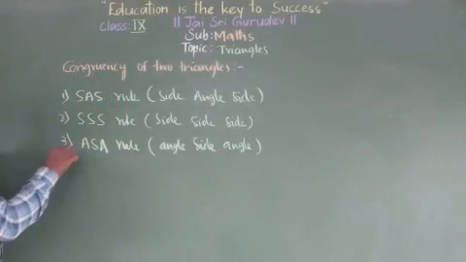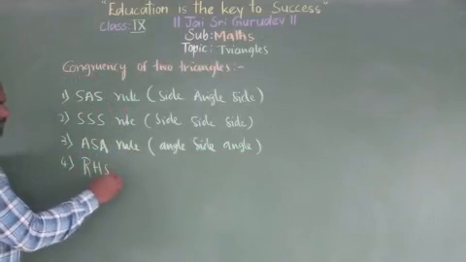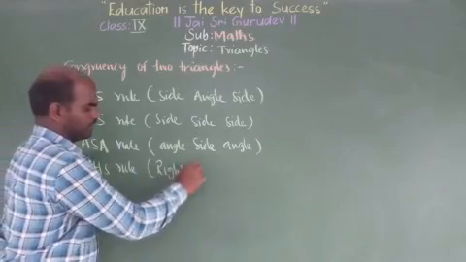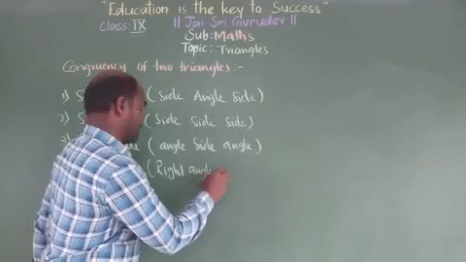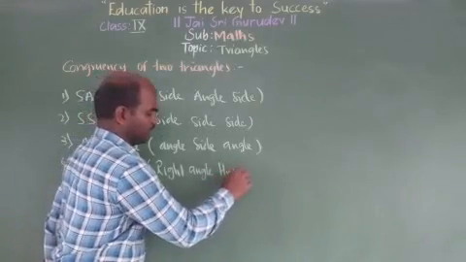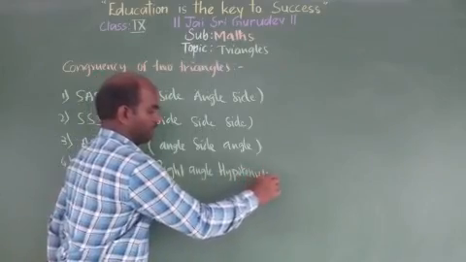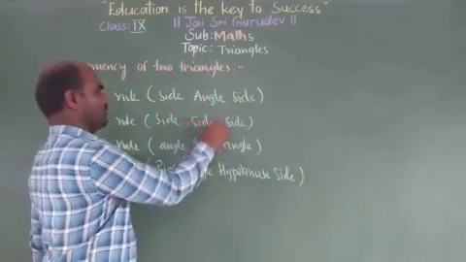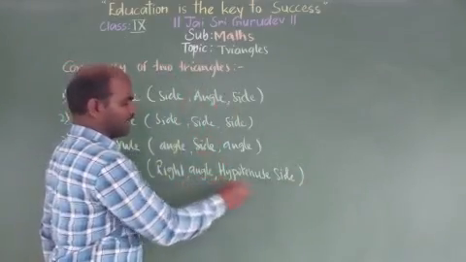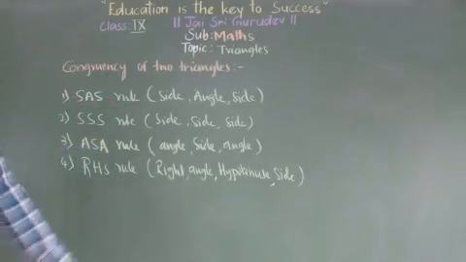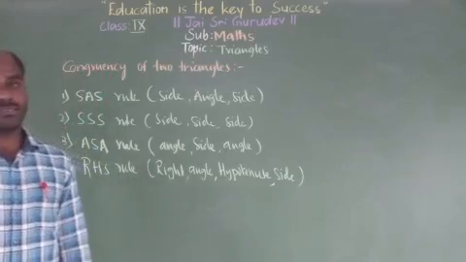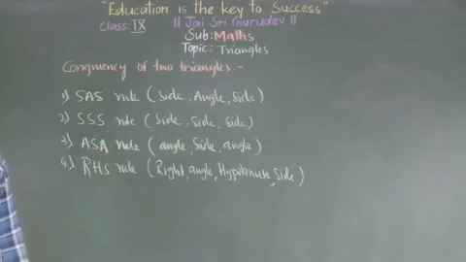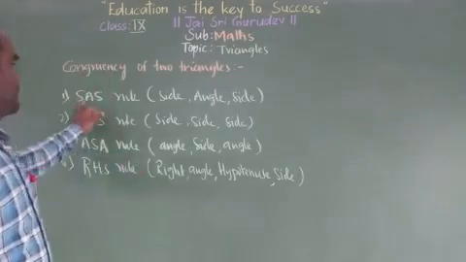And the fourth one is the RHS rule, which means right angle, hypotenuse, and side. When we take these 4 properties, we can prove that two triangles are congruent triangles.